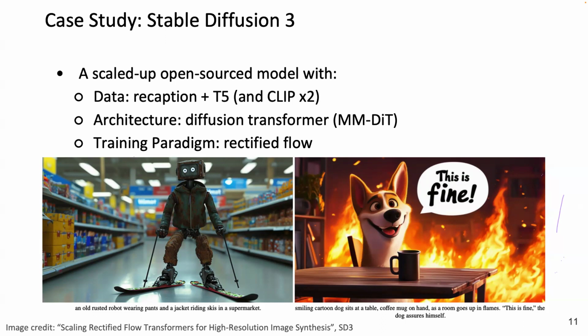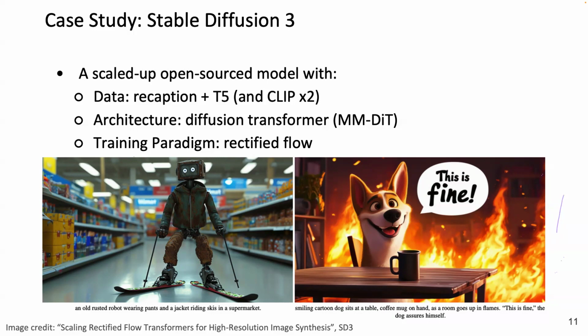On the data side, it uses CogVLM to do the recaptioning, and it also involves the T5 encoder to do the text encoding together with two additional CLIP text encoders. On the architecture side, it involves a fully transformer architecture based on DiT with some minor improvements: it keeps a separate stream of the text condition so that text can be fused into the image with both attention as well as modulation.